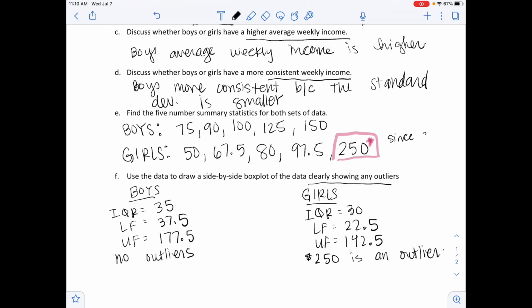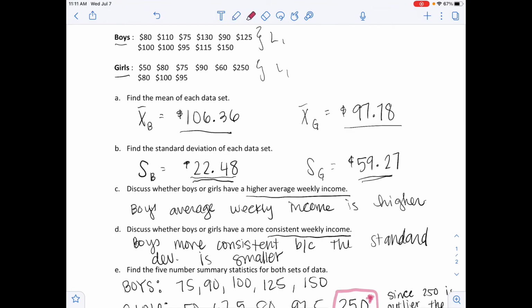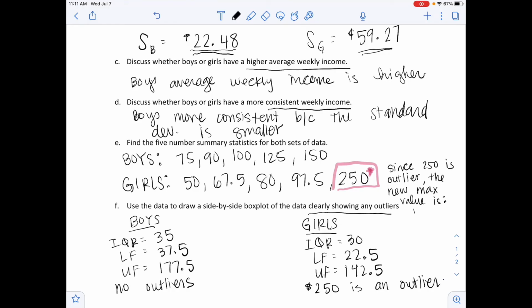So since 250 is an outlier, the new max value is, and so you need to go back up to our data, and if you look at the girls' data, you'll see that 250 is our outlier, so the next largest value that we have is 100, and so that is our new max value. So I'm going to cross this off, and our new max value will be 100.